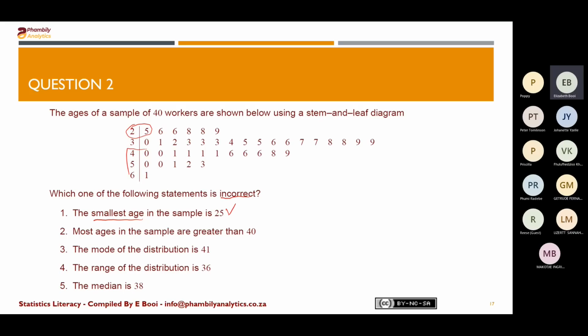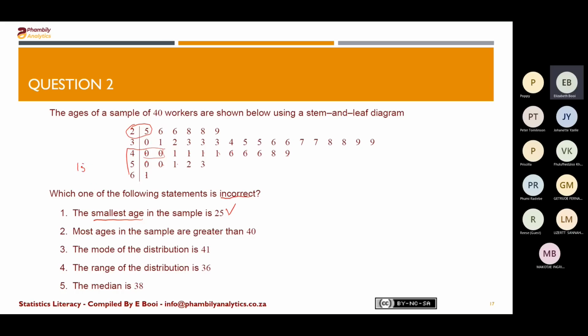How do you know that it's not correct? You can count how many ages are greater than 40. Greater than means it doesn't include 40. We're not going to include 40. 1, 2, 3, 4, 5, 6, 7, 8, 9, 10, 11, 12, 13, 14, 15.